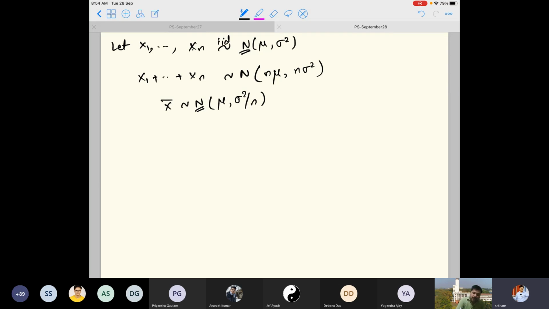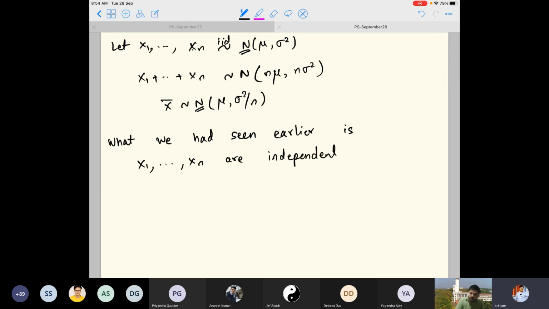What we had seen earlier is that X1, X2 up to Xn are independent with mean mu and variance sigma square.